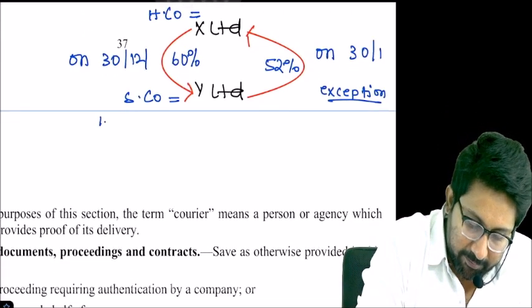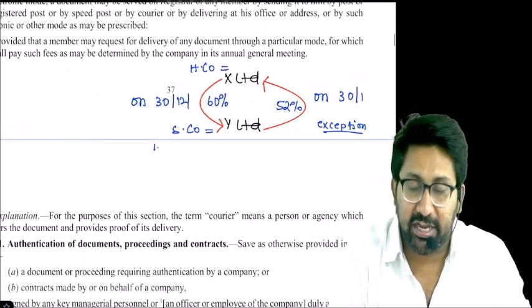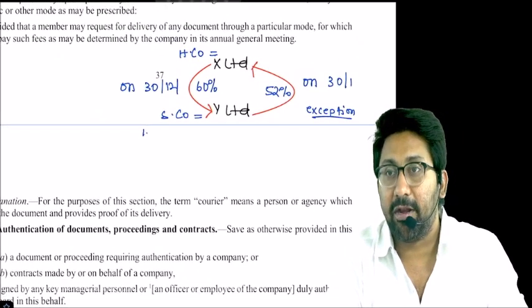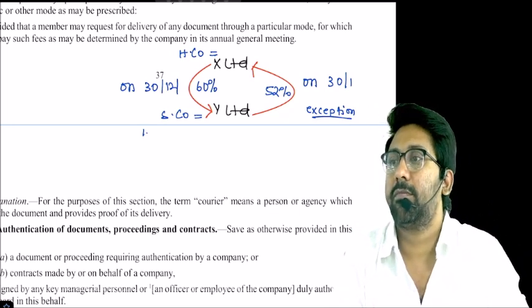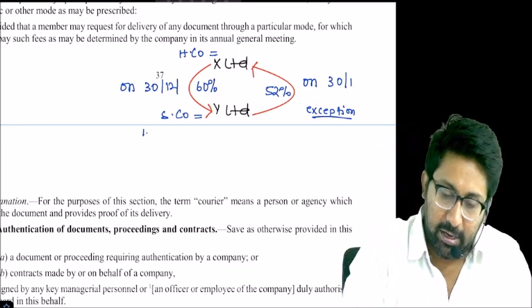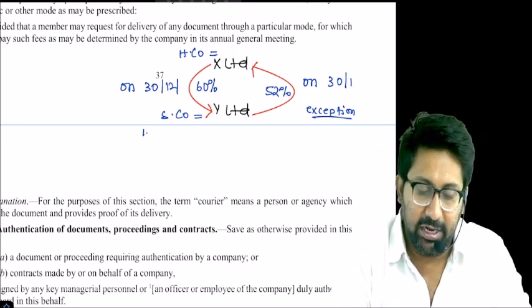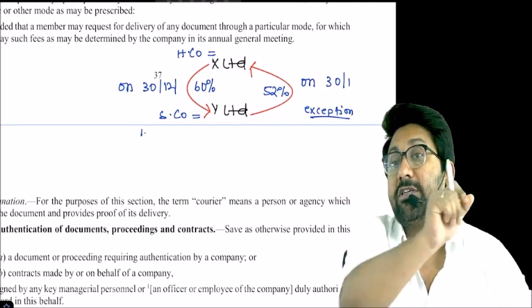Exception number 1. Subsidiary company is holding the shares in its holding company even before it became a subsidiary. Clear everyone? That means X Limited is holding the shares of Y Limited from which date onwards?